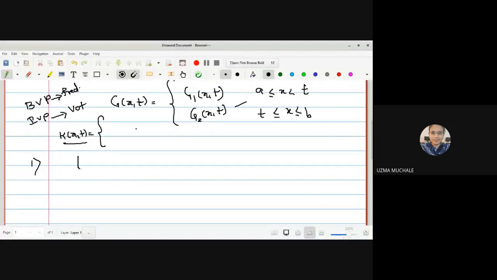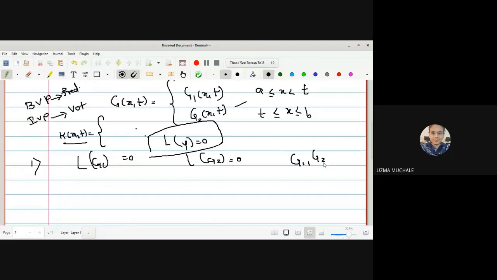That means L of g1 should be equal to 0 and L of g2 should be equal to 0, since we are evaluating L of y equal to 0. Since we are assuming that g1 and g2 are the solutions of L of y equal to 0, what do you mean by a solution? It must satisfy your differential equation. This is the first assumption.